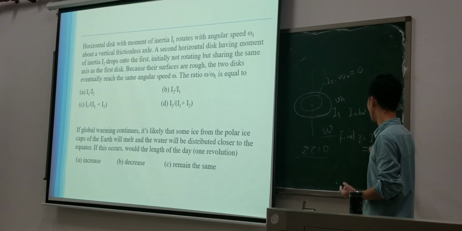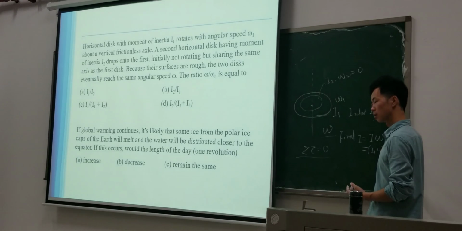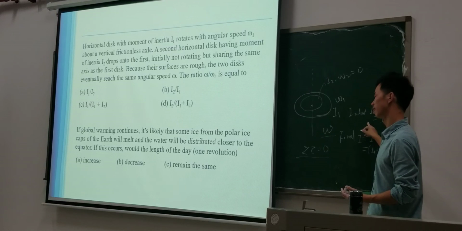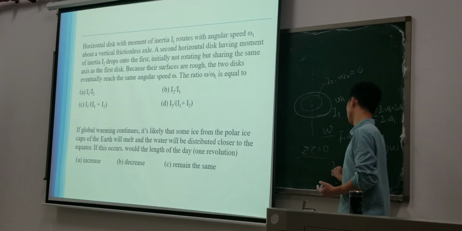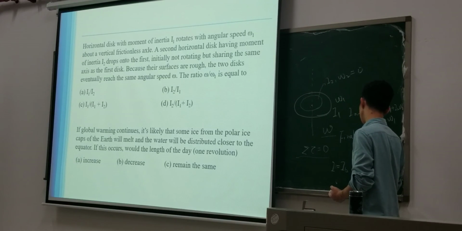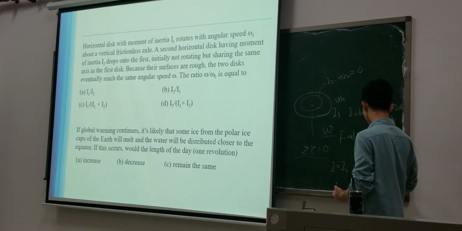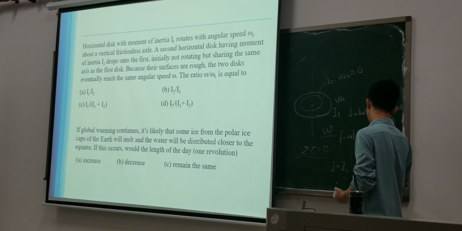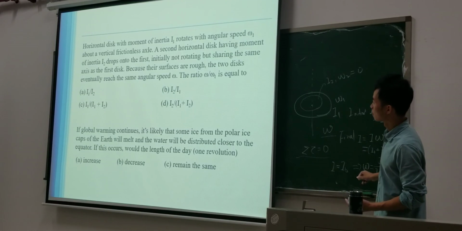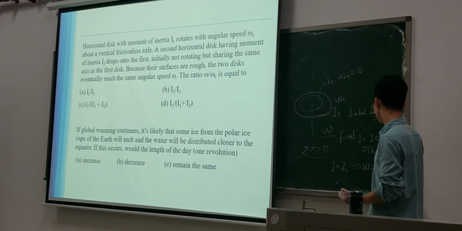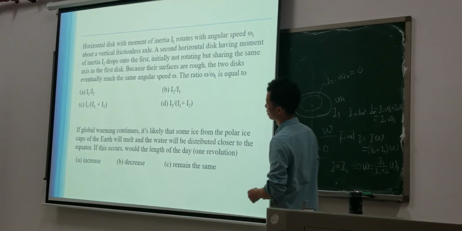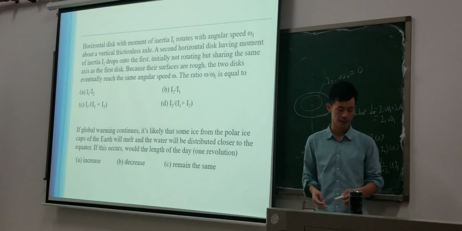So L is equal to (I1 plus I2) omega. And because of the conservation of angular momentum, the final L is equal to the initial L. So we can get omega is equal to I1 over (I1 plus I2) times omega 1. So the omega over omega 1 is I1 over (I1 plus I2).